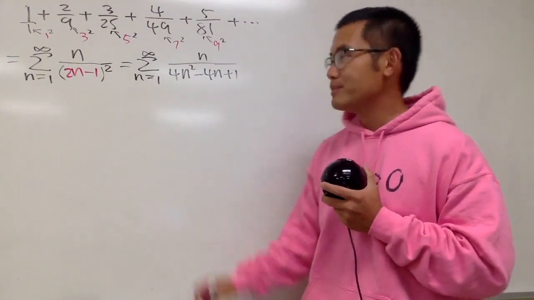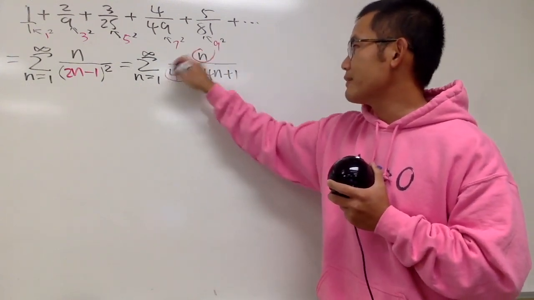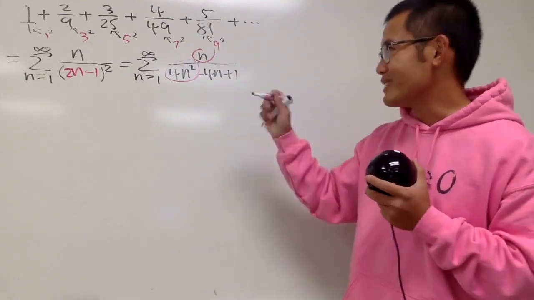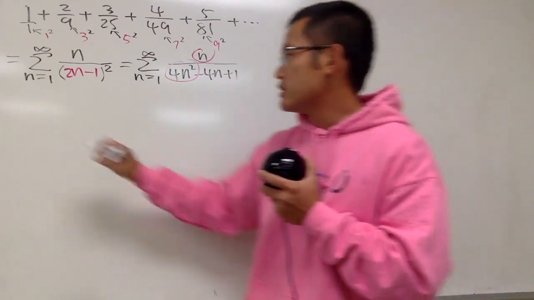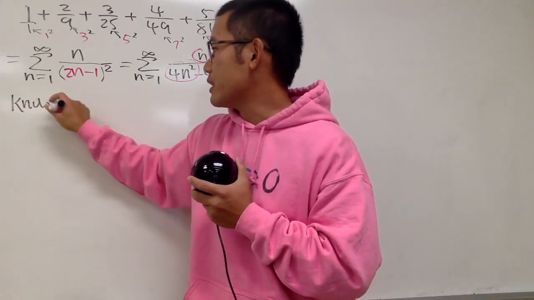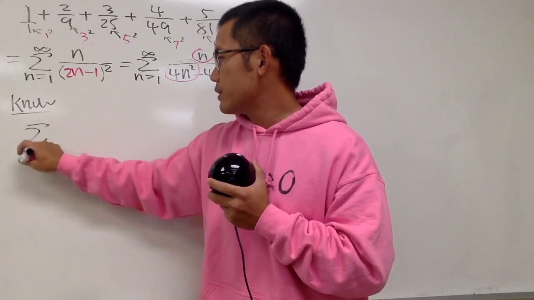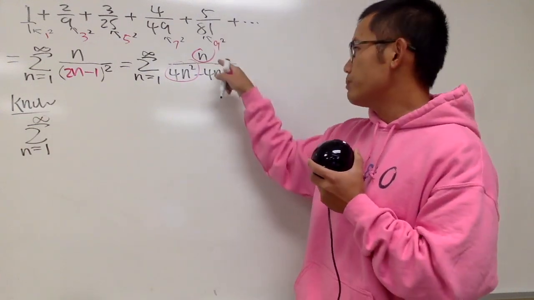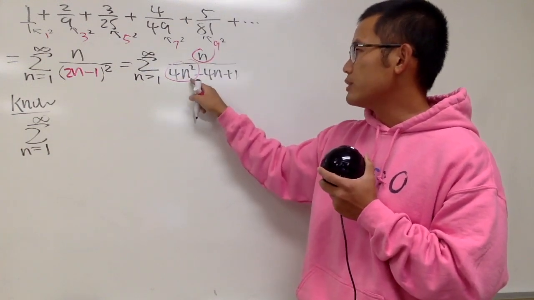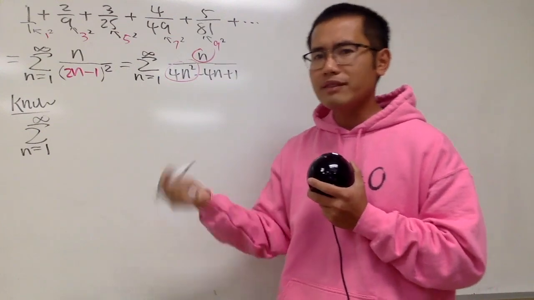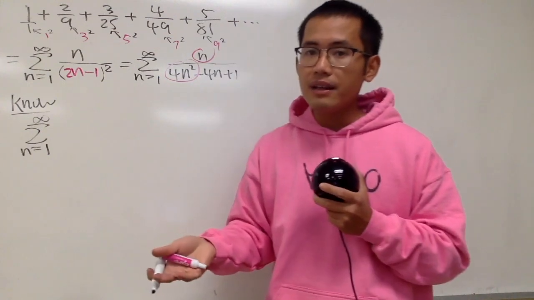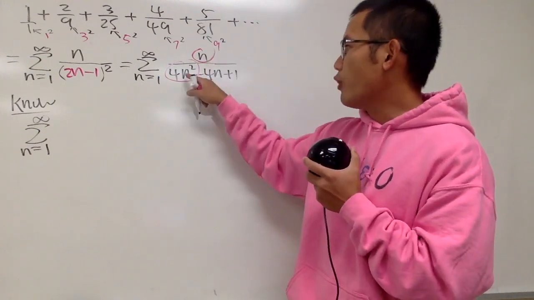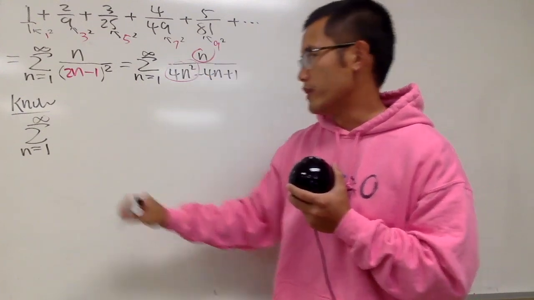What do we know? If you just compare this and that, we can use a series that we know much better. So let's go ahead and do some comparison. Let's look at the sum as n goes from 1 to infinity. If you just picked up n and 4n to the second power, you have the 4 on the bottom. That's fine. But if you just picked up n over n squared, that's just 1 over n.